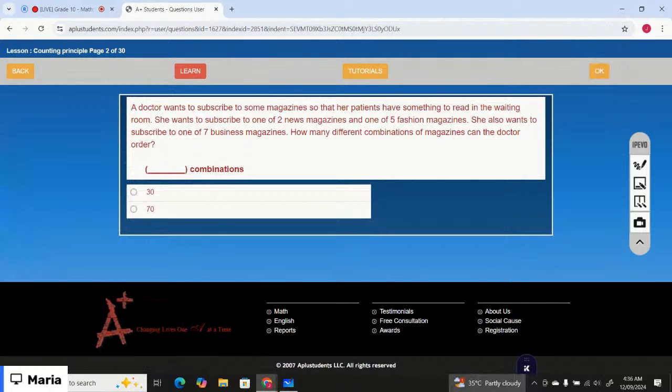A doctor wants to subscribe to some magazines so that her patients have something to read in the waiting room. She wants to subscribe to one of two news magazines and one of five fashion magazines. She also wants to subscribe to one of the seven business magazines. How many different combinations of magazines can the doctor order? So, which is the correct option?